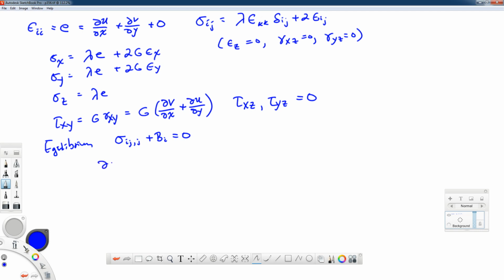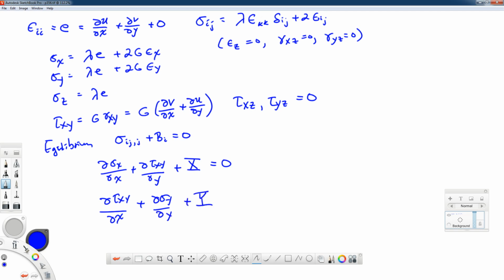We have the partial derivative of sigma x with respect to x plus the partial derivative of tau xy with respect to y plus the body force in the x direction, I'll call that capital X at this point, equal to 0 for equilibrium. We have partial derivative of tau xy with respect to x plus the partial derivative of sigma y with respect to y plus the body force in the y direction is equal to 0.